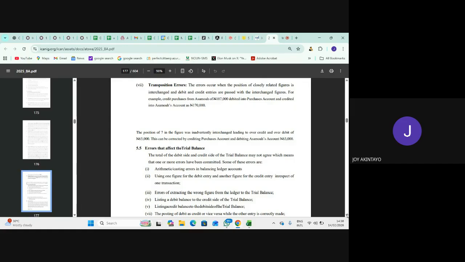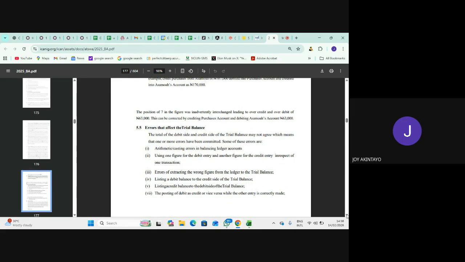I'm here. So, errors that affect our trial balance. The first one is arithmetic or casting errors. How does that one affect it? How do we know there is a casting error?